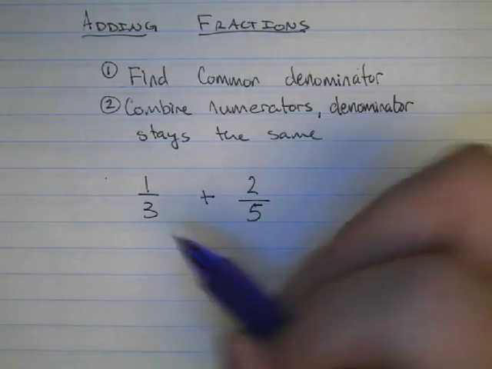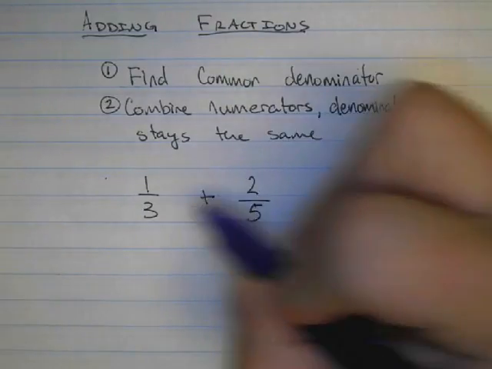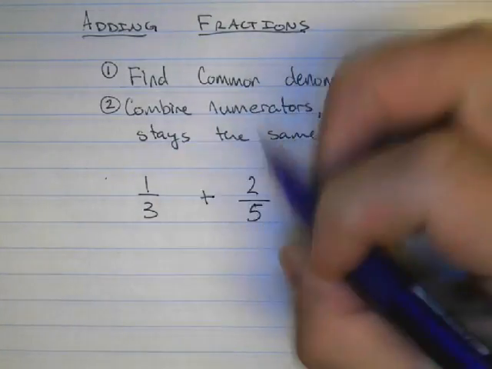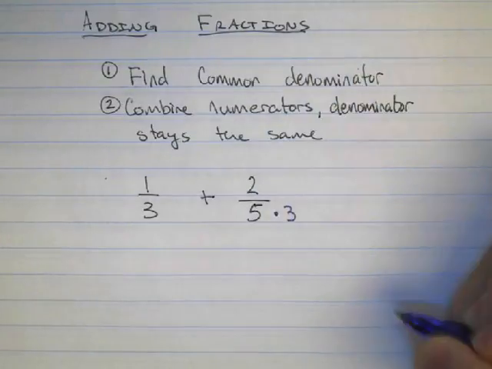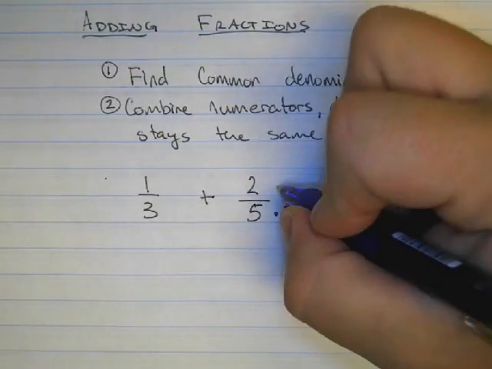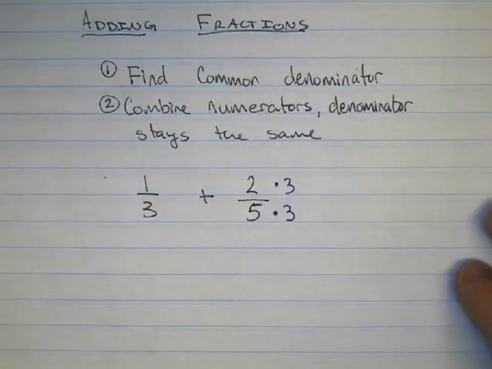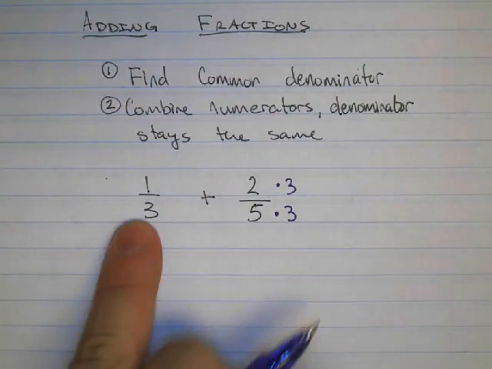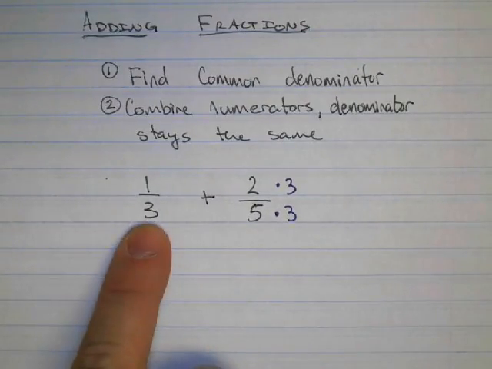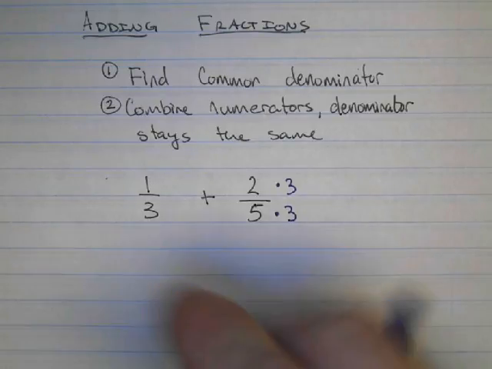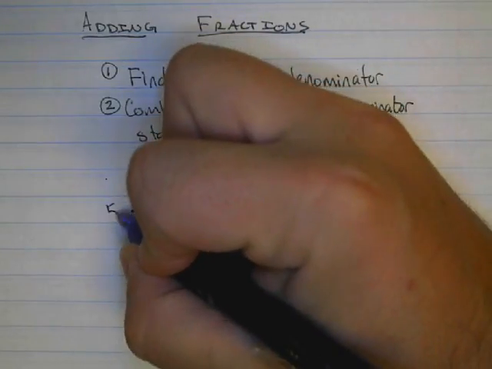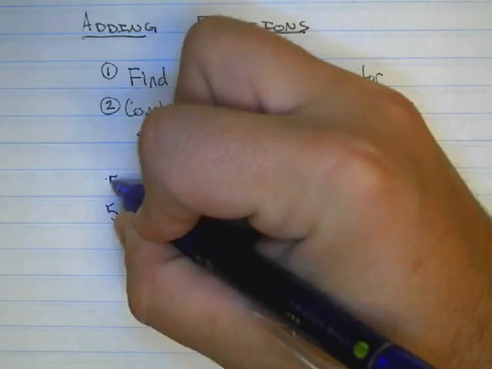If I have 5 over here, I can multiply this denominator by 3, times 3. Whatever I do to the bottom, I do to the top. And I can do the same thing over on this side. If I started with a 3 and my other denominator is 5, I can multiply this one by 5. Whatever I do to the bottom, I do to the top.